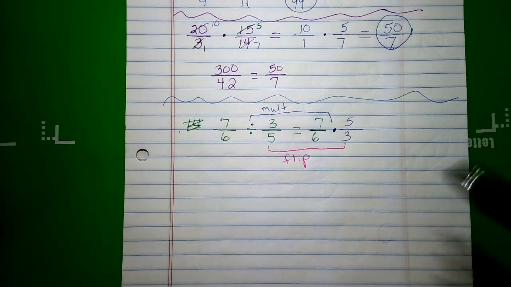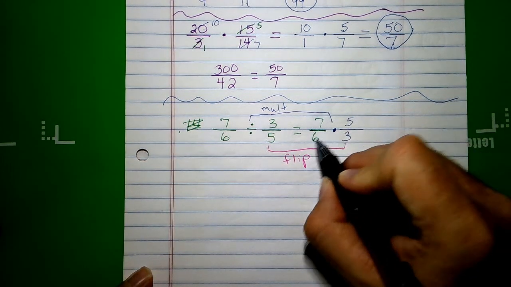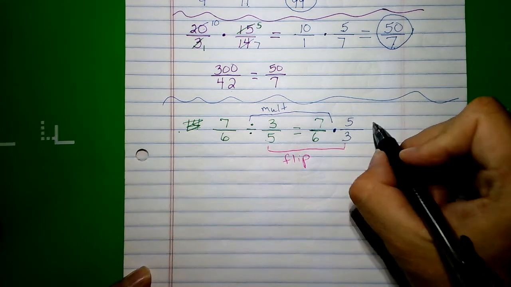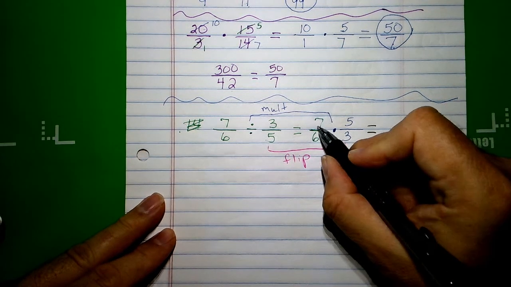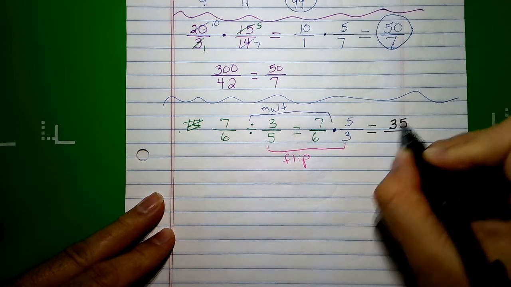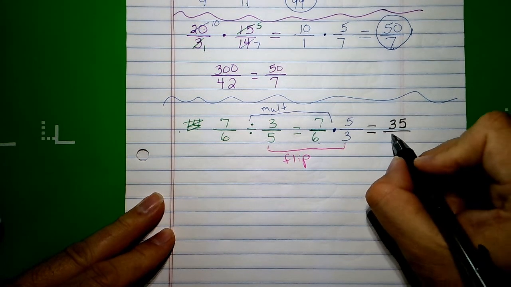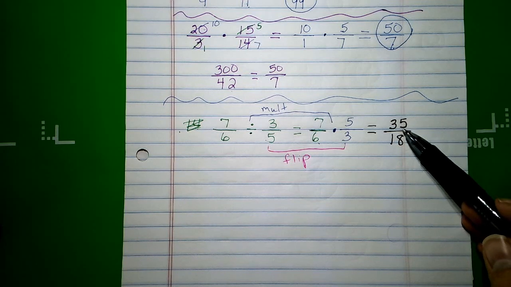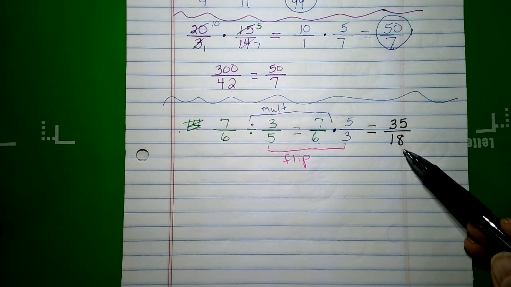First thing I look to do is, okay, can I cross-cancel anything? No. So just multiply straight across. 7 times 5 is 35. 6 times 3 is 18. Is there any number that divides evenly into both of them? Well, no. 5 and 7 divide into 35, but not 18.